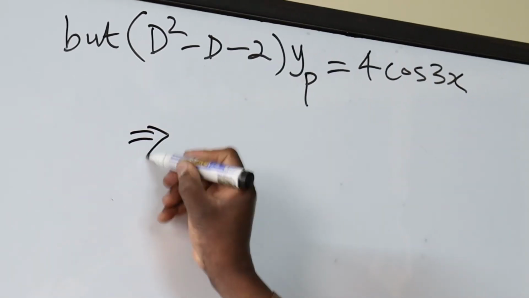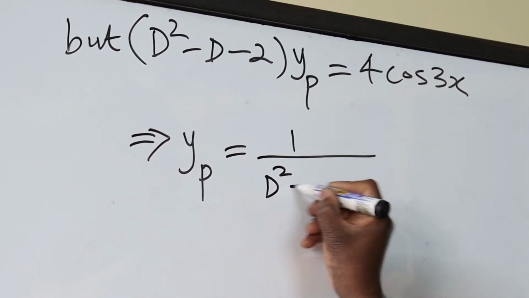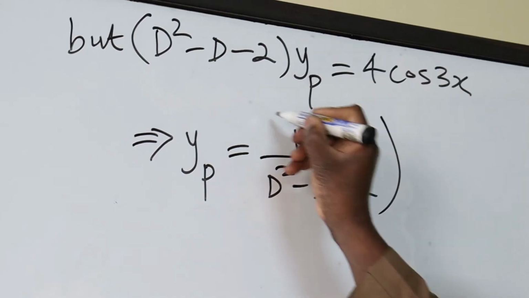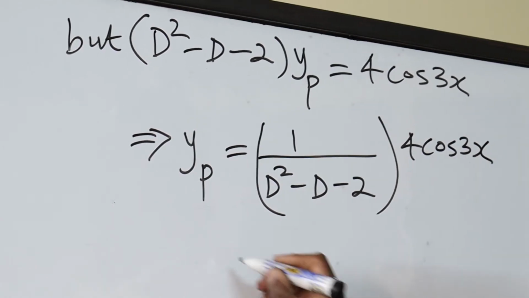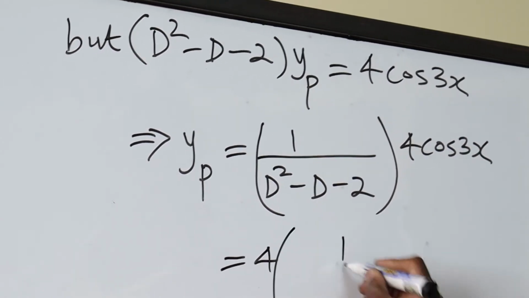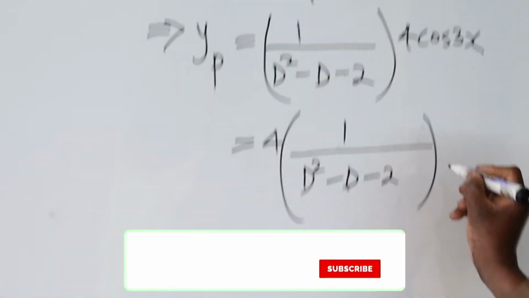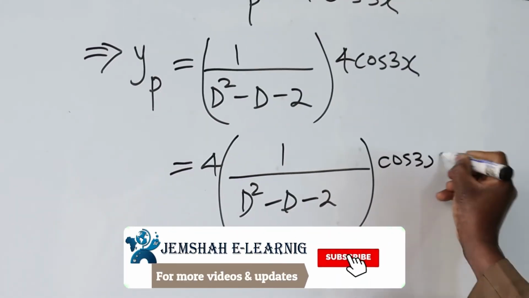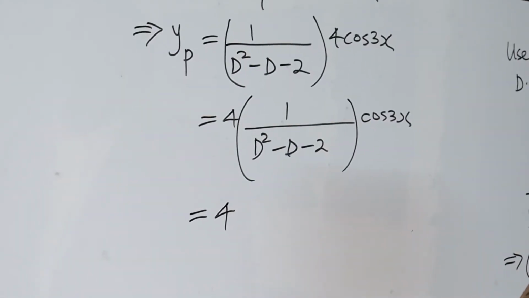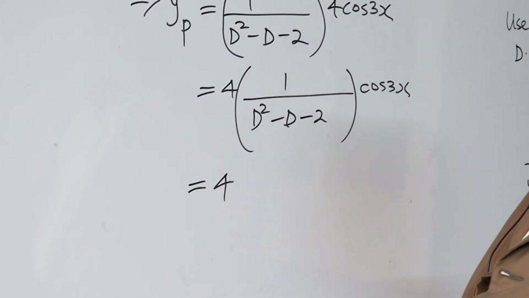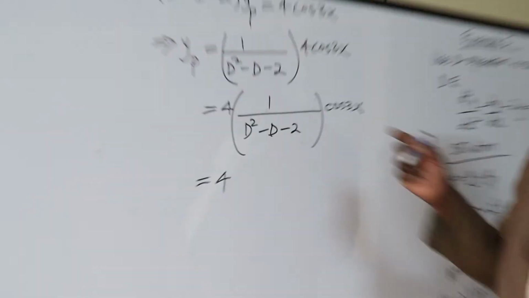This implies yp alone will be equal to 1 all over D squared minus D minus 2 acting on 4 cos 3x, which will be equal to 4 into 1 all over D squared minus D minus 2 multiplying cos 3x. We now apply theorem 3 because this is a pure trigonometric term.